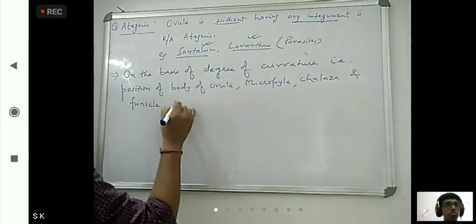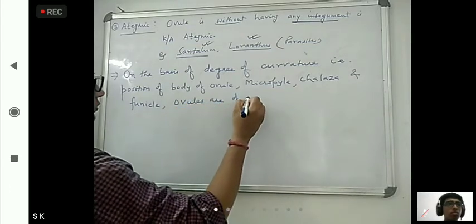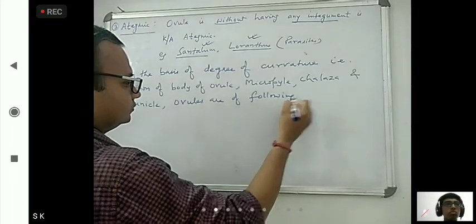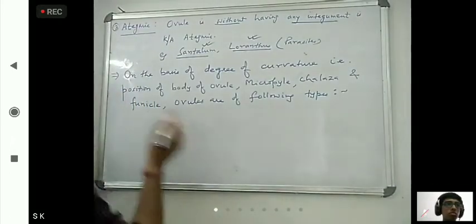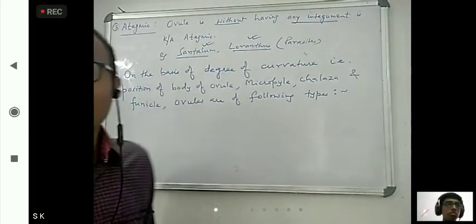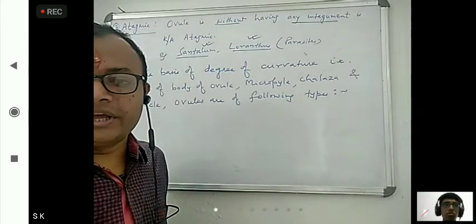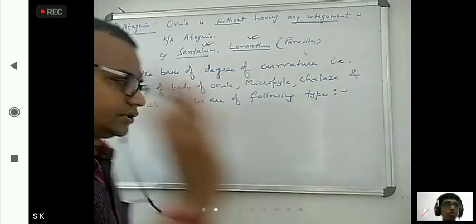Okay, what I told? Ovules are following types. Mostly they are having 6 types. Okay. Number 1 is known as atropous or orthotropous.